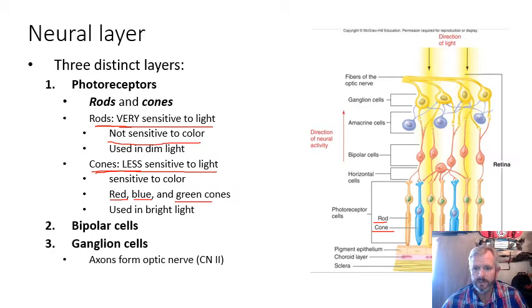The photoreceptors then talk to the bipolar cells, and then the bipolar cells talk to the ganglions, and then the ganglion axons actually become the optic nerve. That's what's going to send it back to the central nervous system. Okay, making up that cranial nerve II, right?